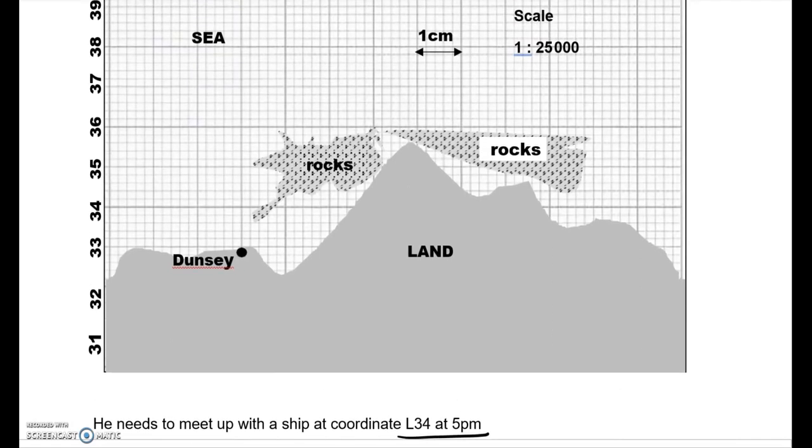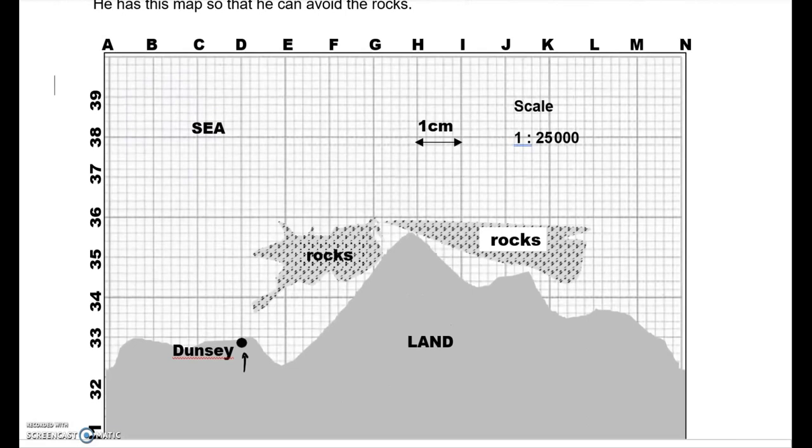L34. So he's going from Dunsey, which is here, to L34. So there we have L, and there we have 34. They meet at this point here. So he gets in from this point, avoiding the rocks. So I would go up here. We could go higher up.